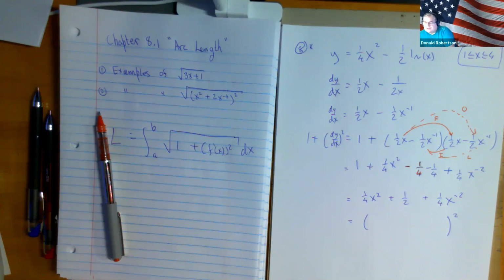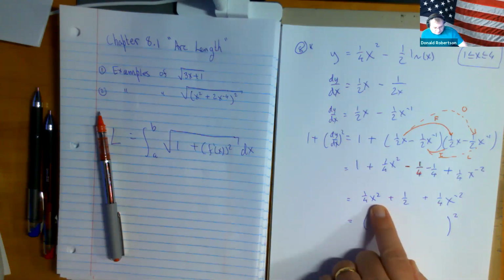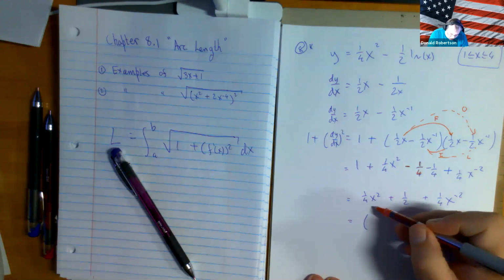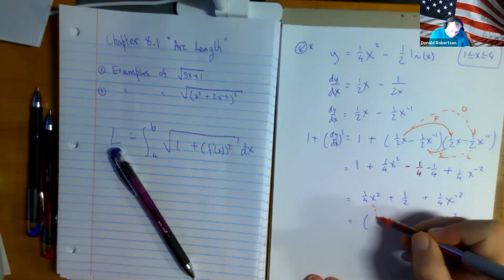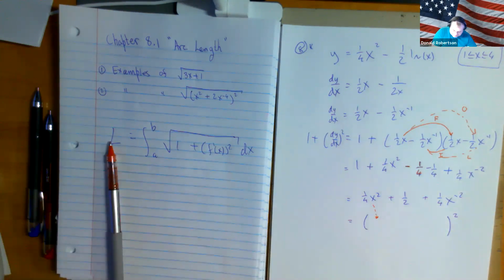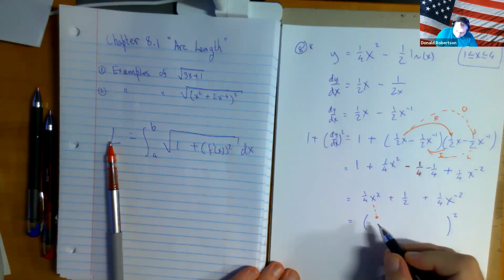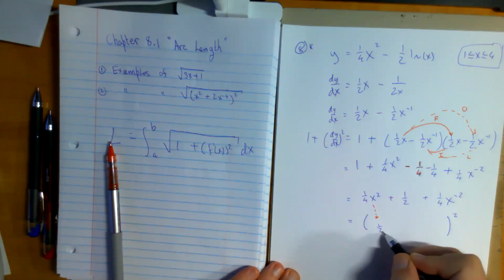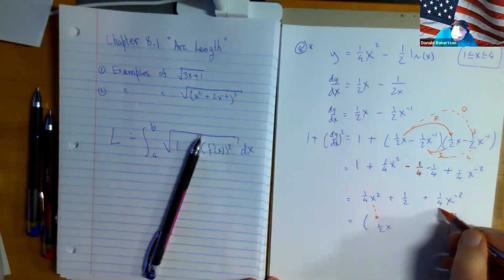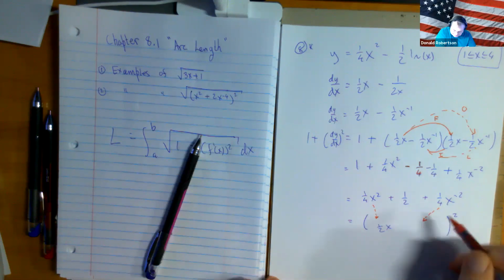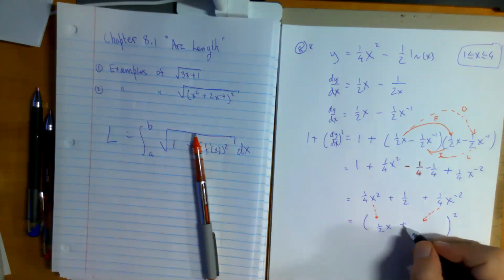So let's find the perfect square. What will the 1/4 x squared get me? 1/2 x. And what will this guy get me? 1/2 x to -1.